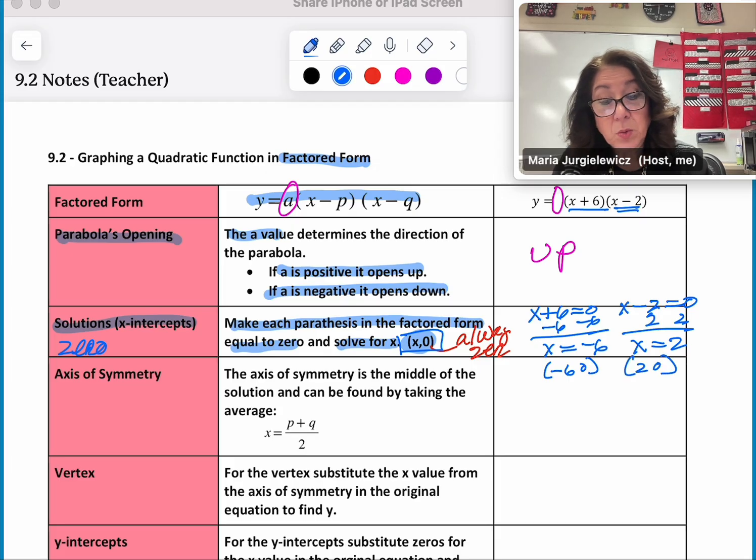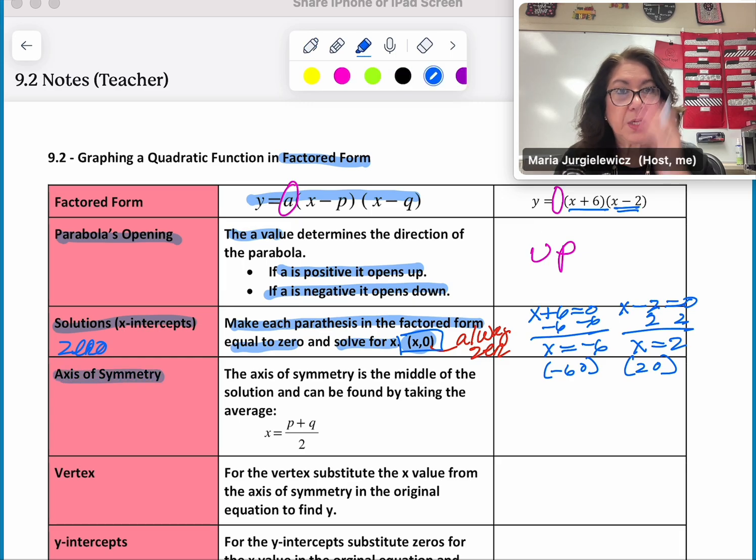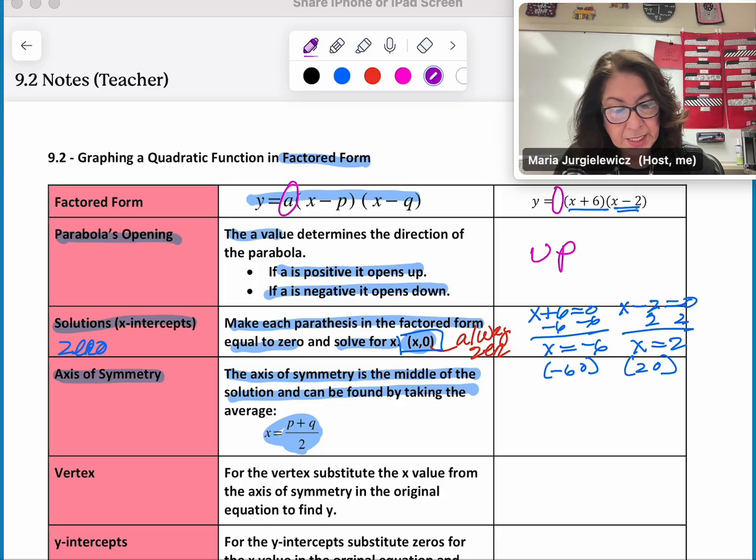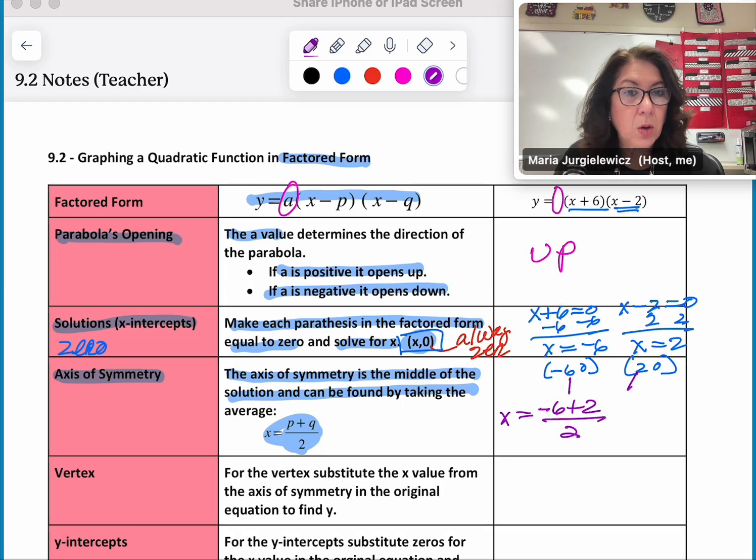The next thing we want to do is find the axis of symmetry, that line that goes through the vertex. The axis of symmetry is the middle of the two solutions, and it's very easy. We take those x's and add them together, so negative 6 plus 2, and we always divide by 2.